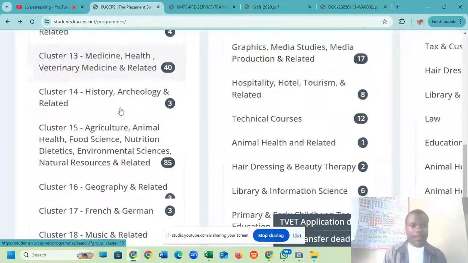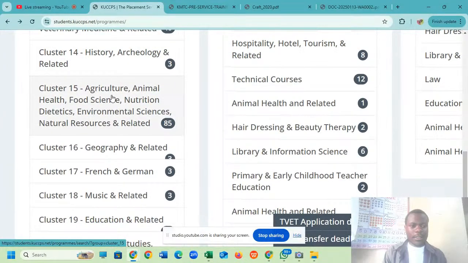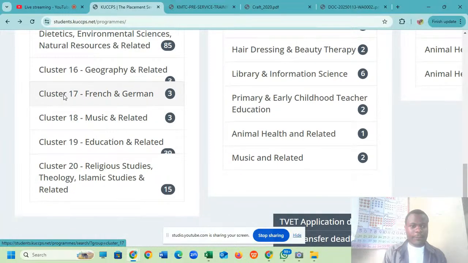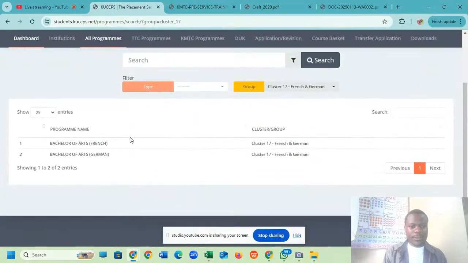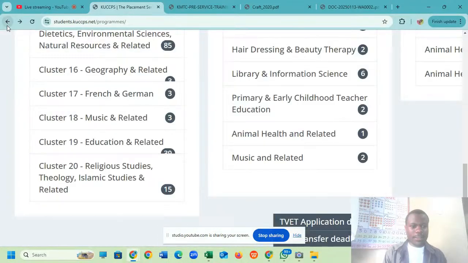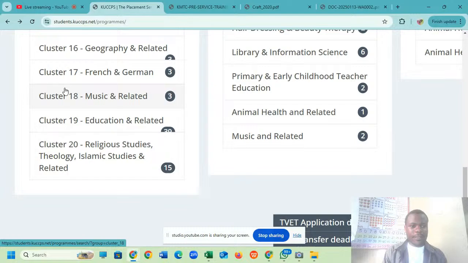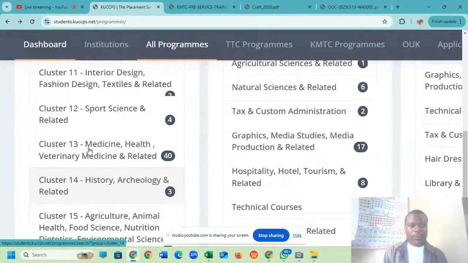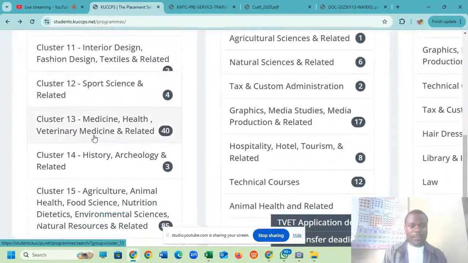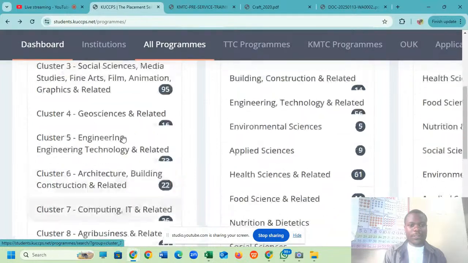Then I'll be able to share with you all the degree programs, diploma programs. Here we have French and related courses. Bachelor of Arts French, Bachelor of Arts Germany, that's cluster 17, cluster 19, cluster 18. So each cluster has its own related courses. Like for example, cluster 13, you have medicine, health, veterinary medicine, and related courses.